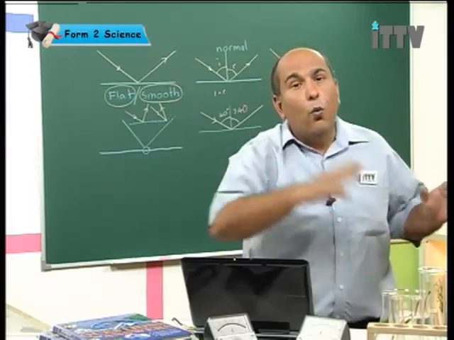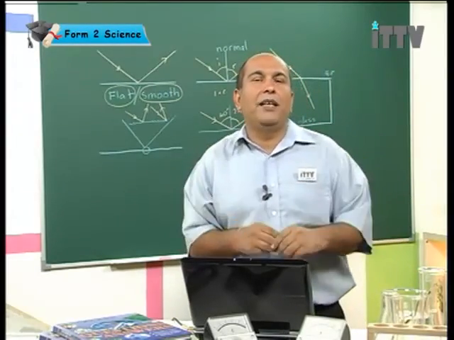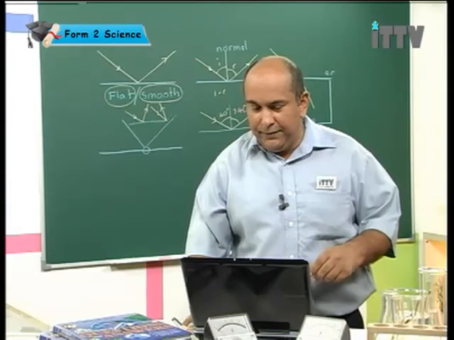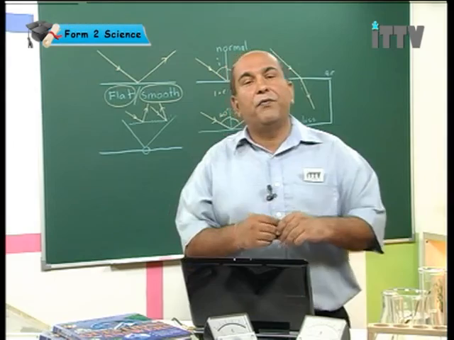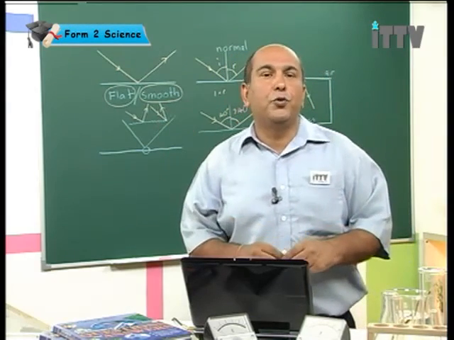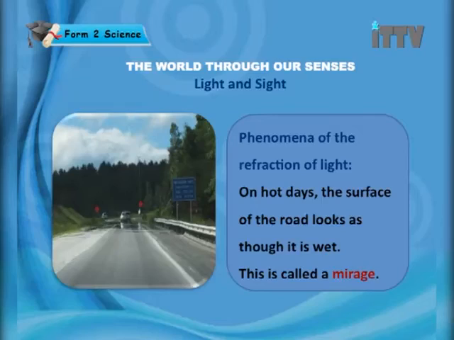Let's try one more phenomenon that will probably really get your juices flowing. The dispersion of white light into its 7 component colors of the rainbow is a phenomenon of light refraction. Here the light is refracted as light passes through raindrops. On hot days, the surface of a road looks as though it's wet. This is called a mirage.